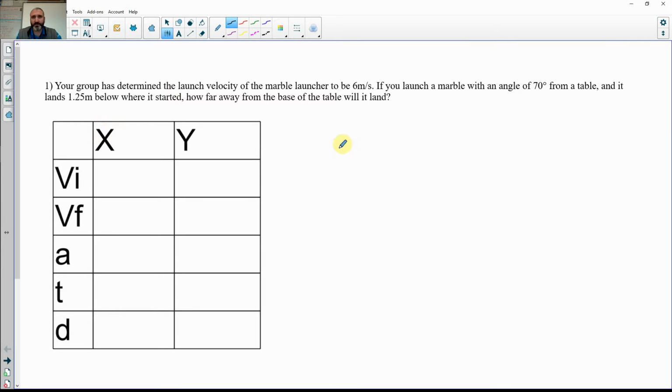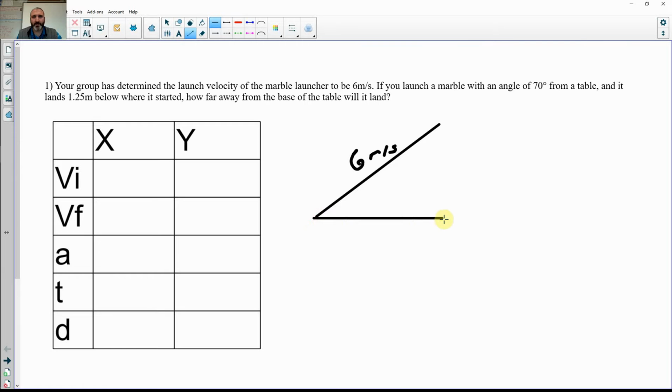So to start this out, let's go ahead and do a little bit of trig. Let's start with that being our launch vector, which is going to be 6 meters per second, and we have to break that into x and y components.